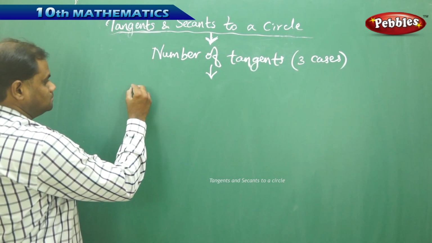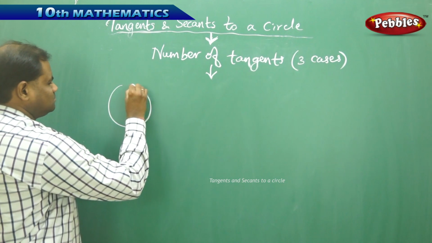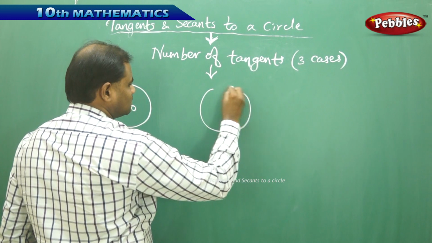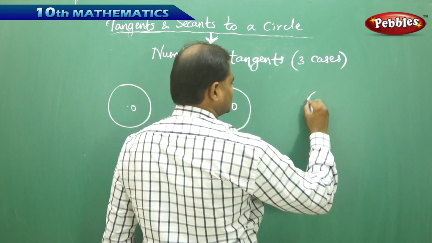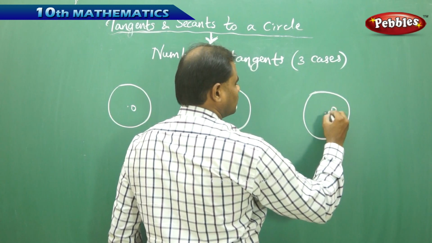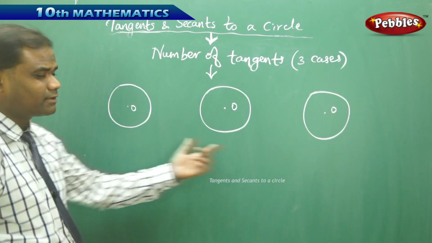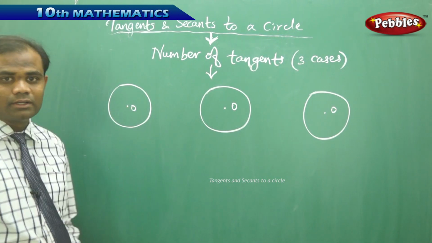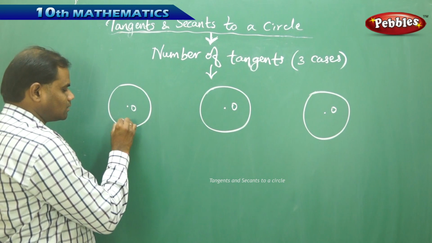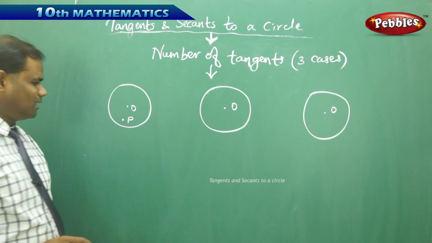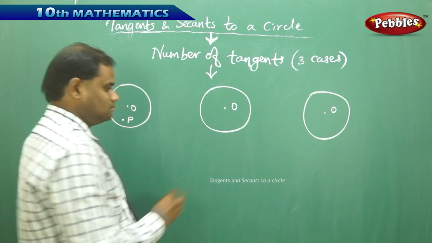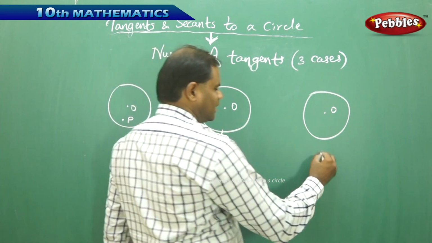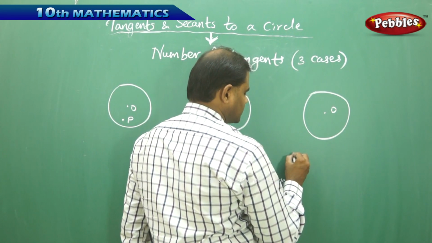Say for example, I have a circle with center O. Now for these three different circles taken with same center O, let me take the three cases where I take the point P initially lying inside the circle. I have the point P which lies inside the circle. I have a point P which is on the circle, and I have a point P which is outside the circle.